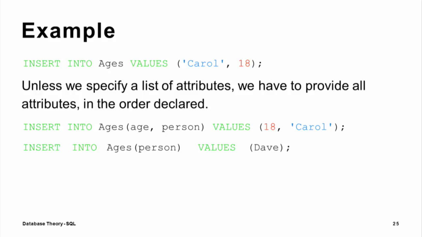So if you want to add a new row to your table where you're supposed to add Carol, and she is 18 years old, well, then you first have to specify the keyword INSERT INTO, and then you tell the server the table you intend to insert the tuple or the row that comes after it. So we're instructing the server to insert Carol and 18 into the table ages.